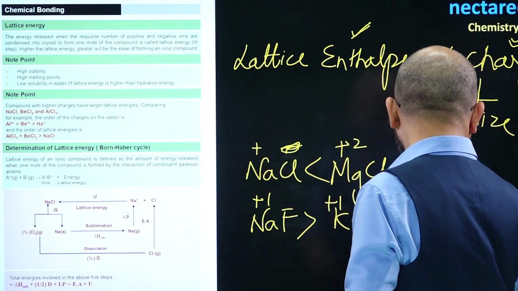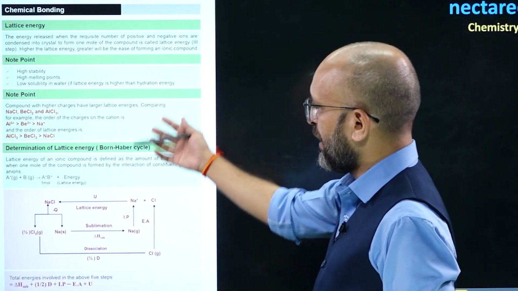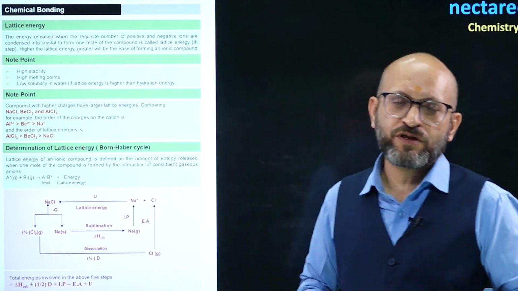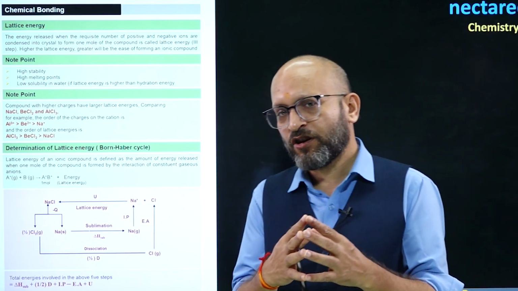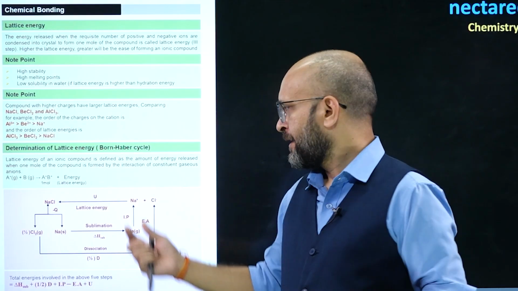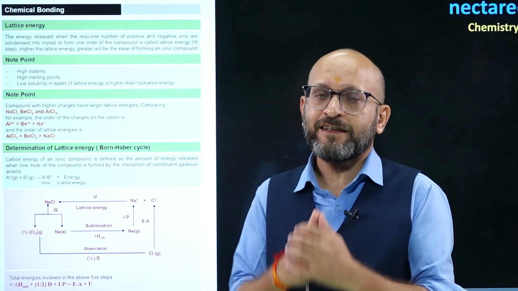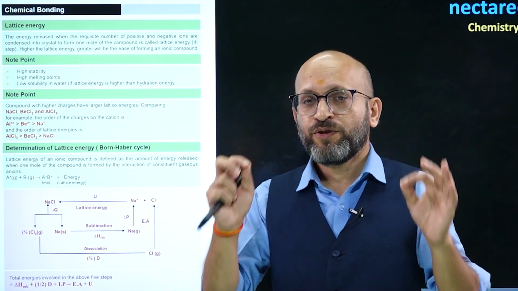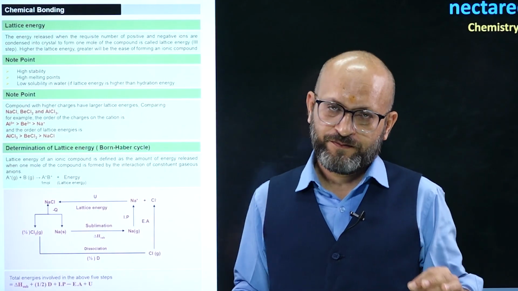And what else do we have? We have the Born-Haber cycle that is used for calculation of lattice enthalpy. This Born-Haber cycle tells us all the energy changes happening during an ionic bond formation.